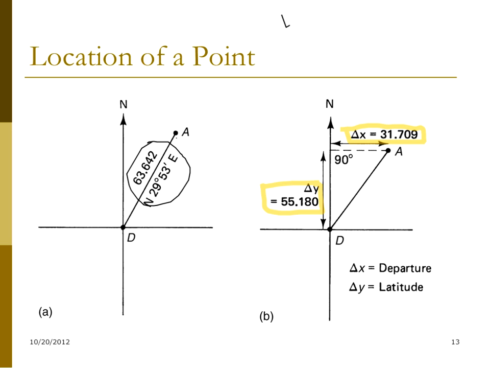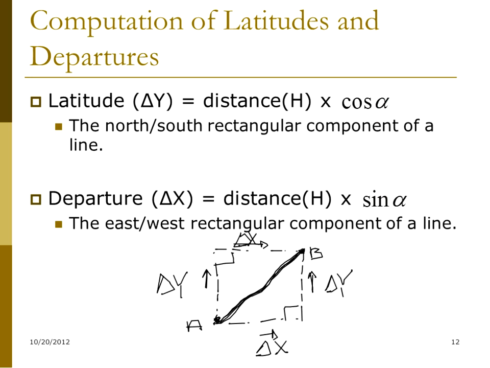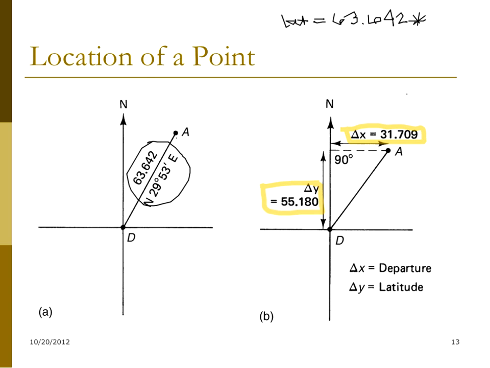So the latitude is equal to the distance, 63.642, times the cosine of our angle. What is our angle? 29 degrees, 53 minutes.